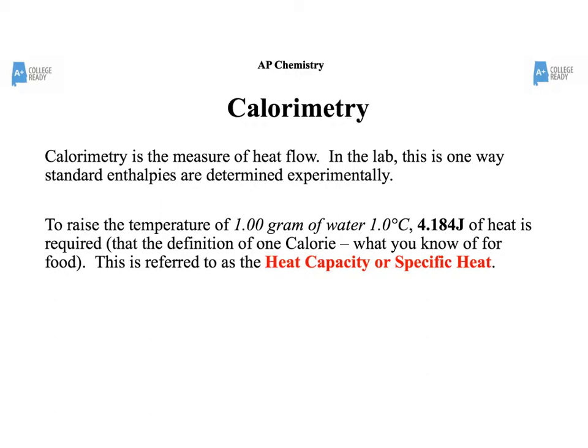So here's what a calorie is. A calorie is the amount of heat required to raise 1 gram of water 1 degree Celsius. And that has been measured, and it is defined as 4.184 joules. So this is a really important number. You're going to see it associated a lot with this calculation.